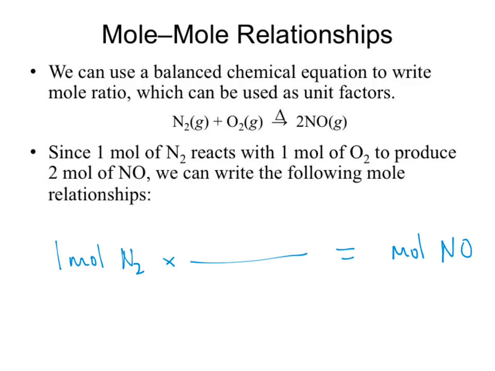I want to convert moles of N2 into moles of NO. What's the relationship between those? What number should show up in front of the moles of NO? How do you know it's 2? The coefficient in front of the NO is 2. And our answer becomes 2.